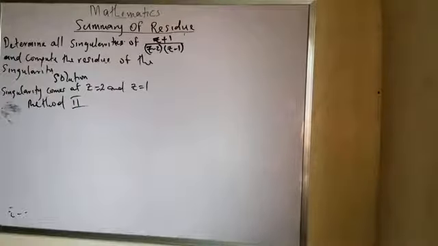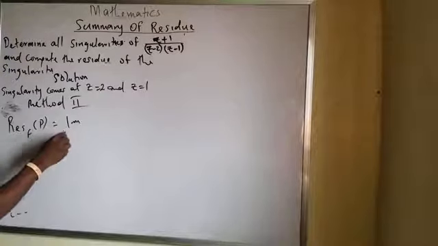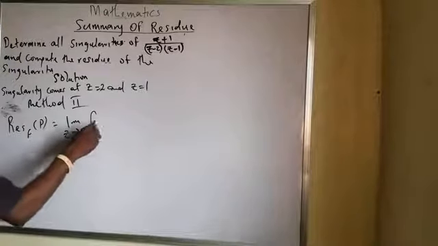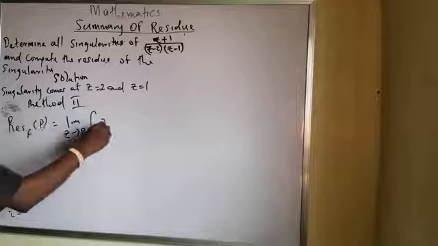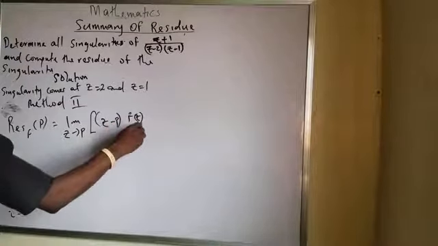Method 2 gives residue of p as the limit of z to p of (z - p) f of z.